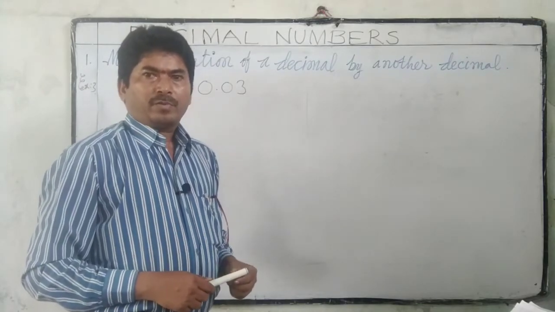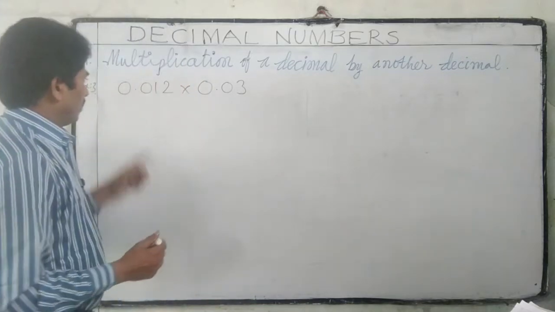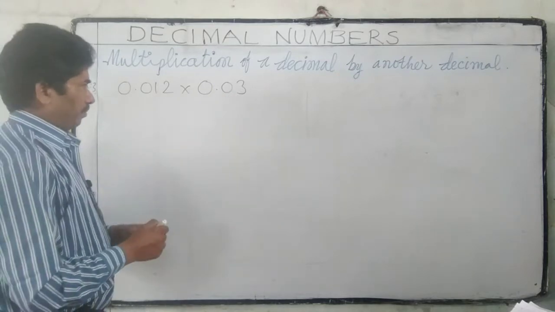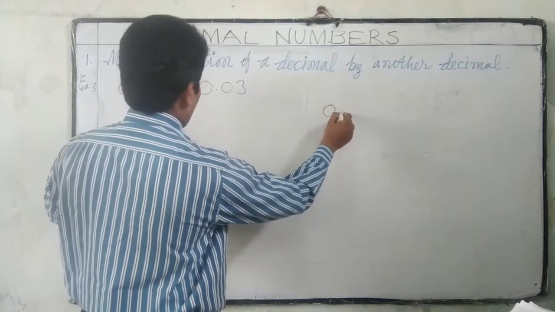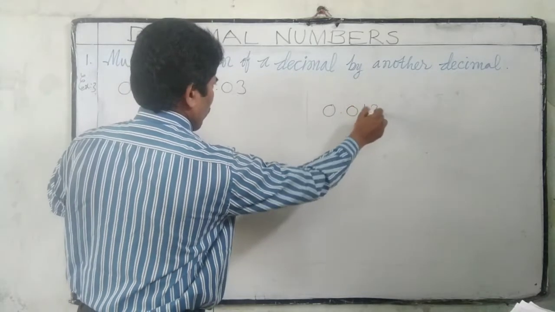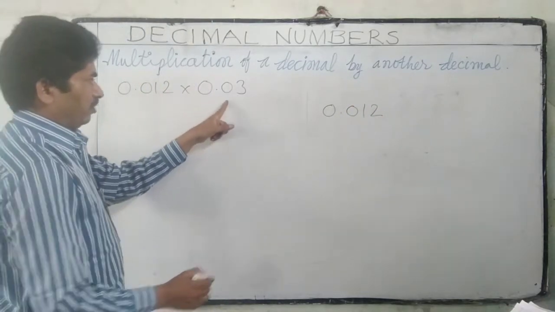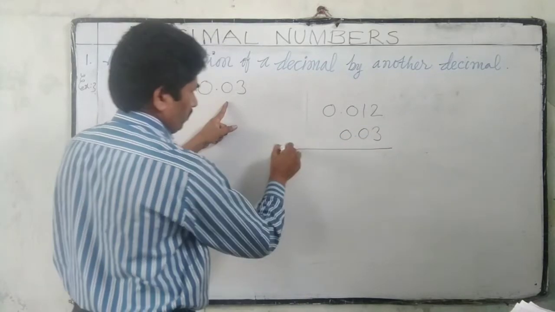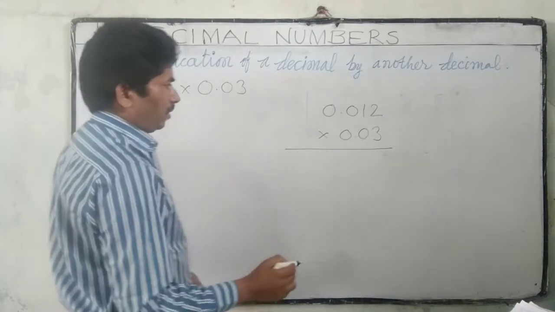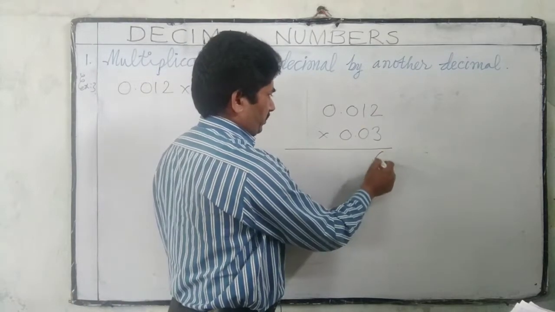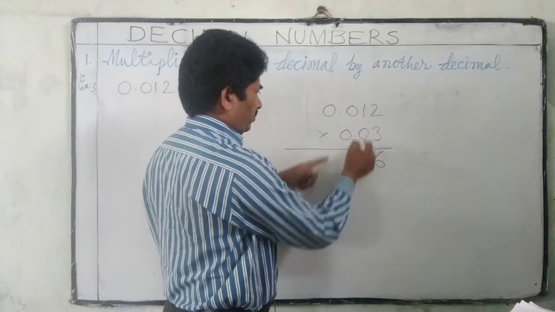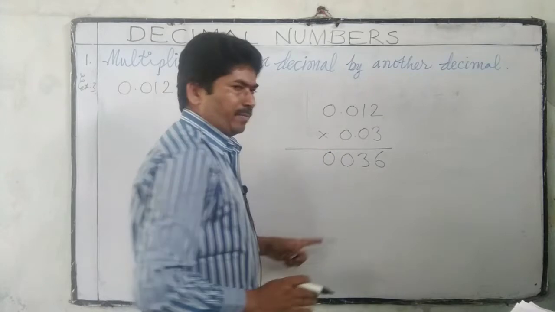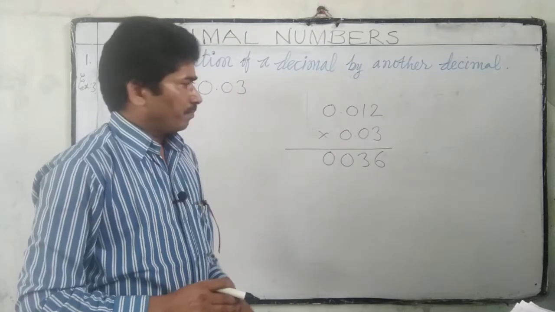Let us say one more example: 0.012 into 0.03. 3 2s are 6, 3 1s are 3, 3 zeros are 0, 3 zeros are 0. No need of multiplying this with these zeros.